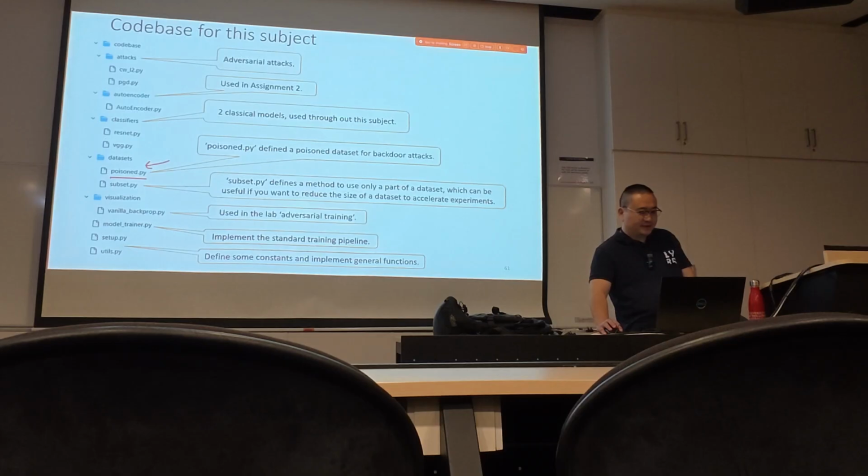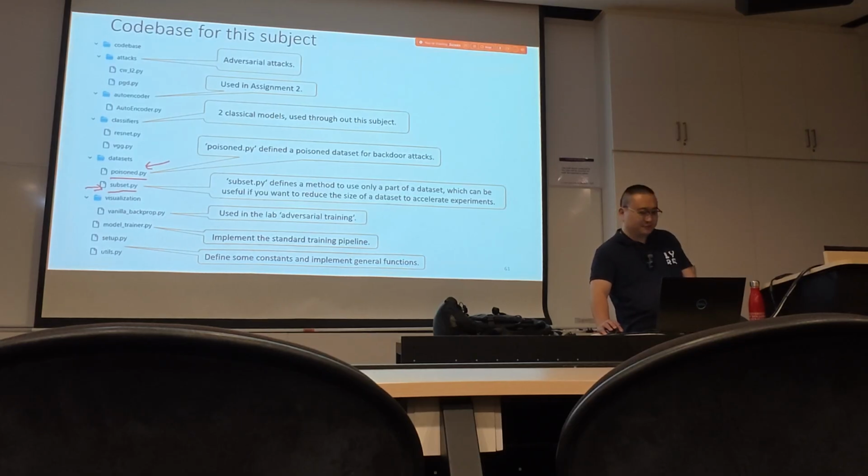And also, we provide the subset. The subset is optional, because this will split the training dataset into a subset. This can be useful if you want to only use a subset to accelerate your experiments. That's optional, so you can use it or not. And then for the visualization folder, we have the backcode. This is used in the lab, the cyber training.